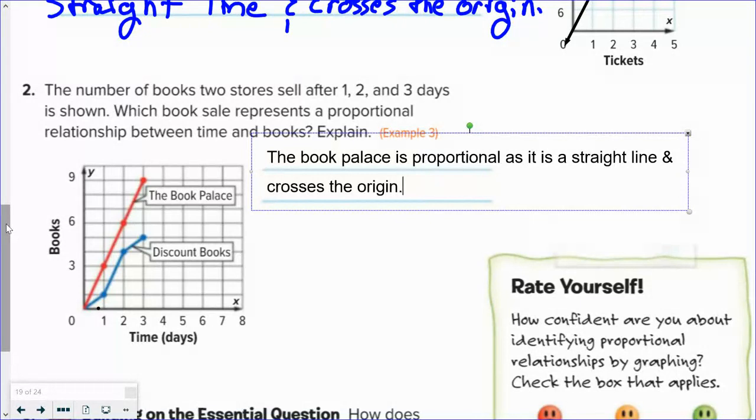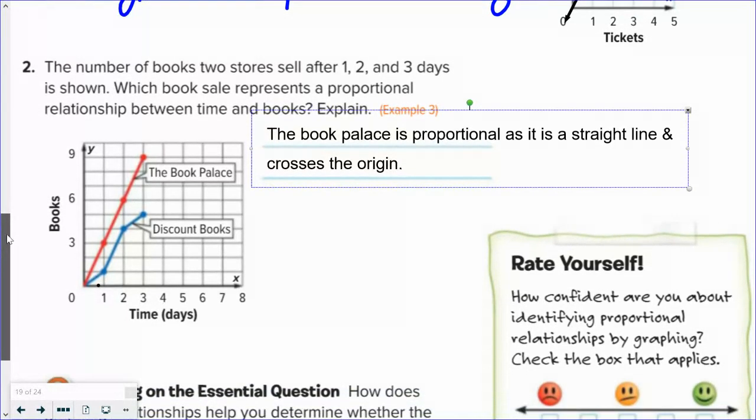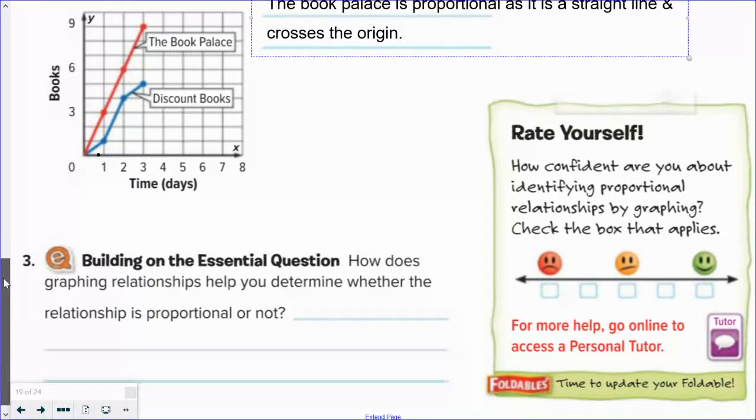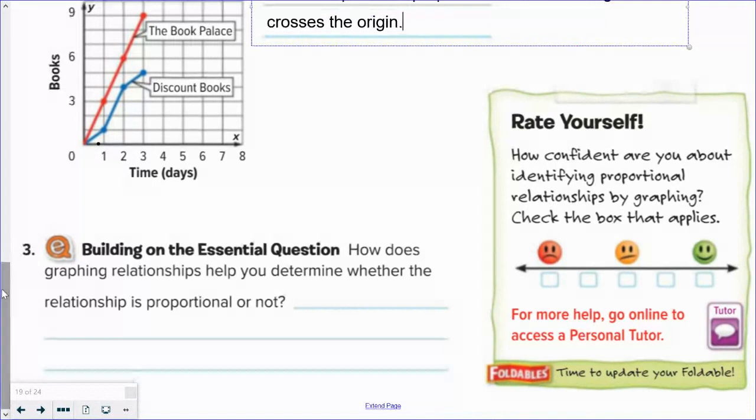Sometimes you don't have to graph. Sometimes you're just looking at something that's already graphed for you. But remember, both criteria you must have are the straight line and going through the origin. So how does graphing relationships help you determine whether the relationship is proportional?